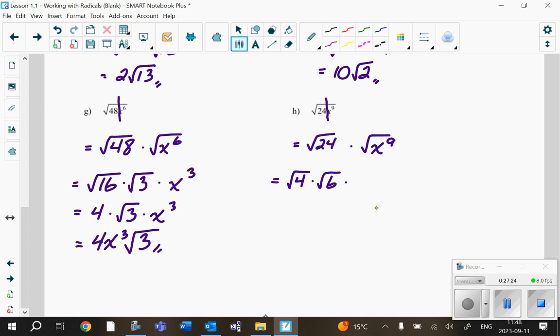So you've got to do the same thing. What's the highest perfect square that goes into x to the 9th? Well, what are the perfect squares again with exponents? X squared, x to the 4th, x to the 6th, x to the 8th, x to the 10th. What's the highest one that goes into x to the 9th? X to the 8th. How many x's are still left over?